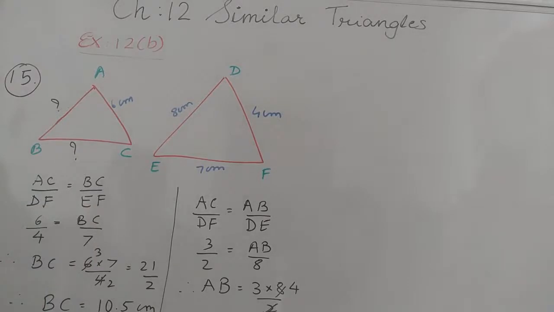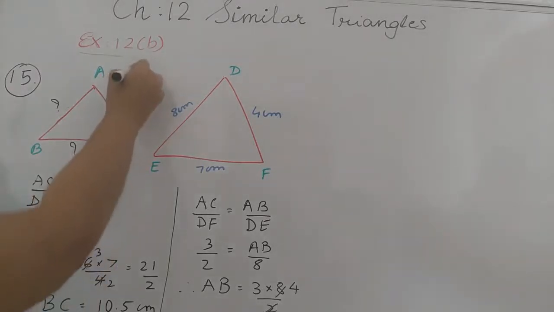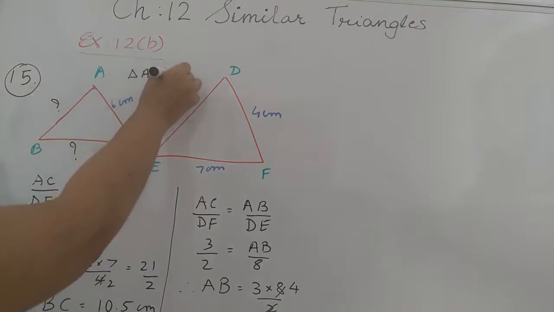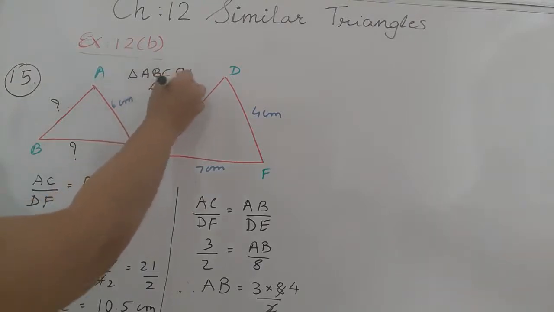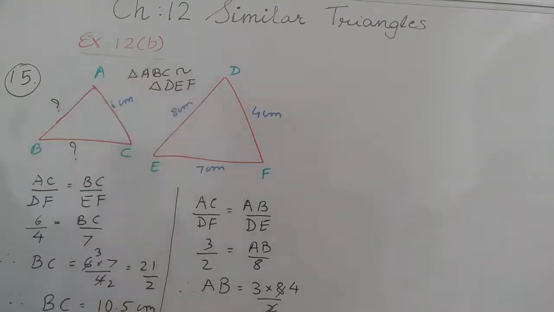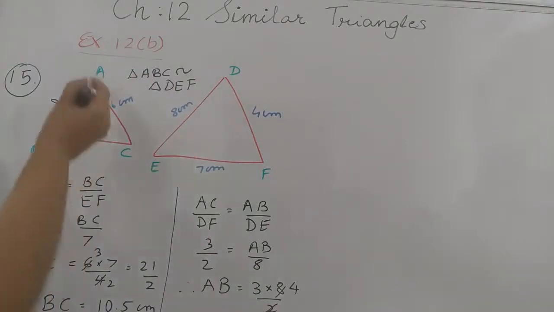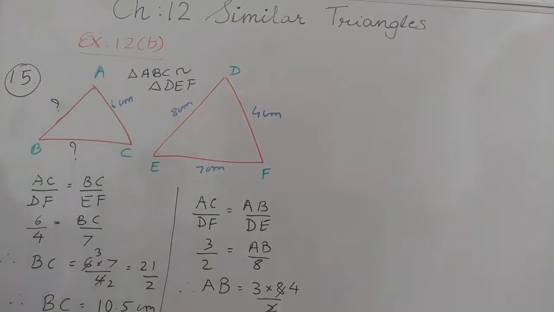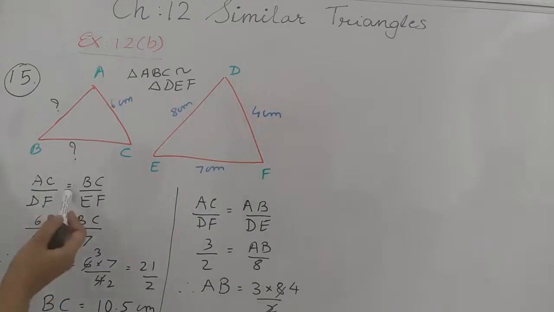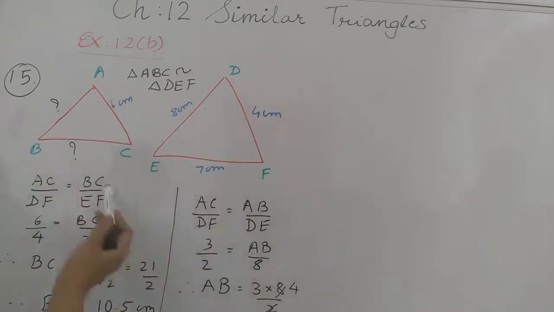So here triangle ABC is similar to triangle DEF, and accordingly we take the ratio. First of all, we start with the sides known to us. AC is the known side and DF corresponds to it. So I write AC ratio DF is equal to BC ratio EF.